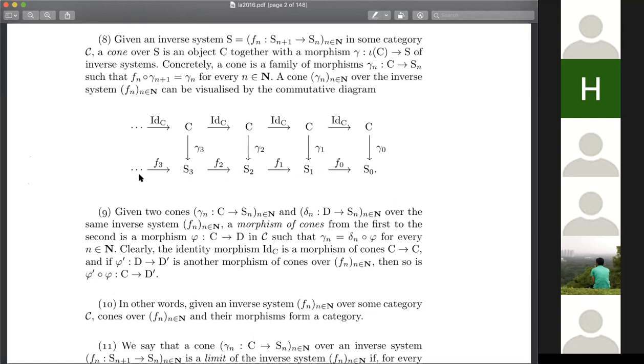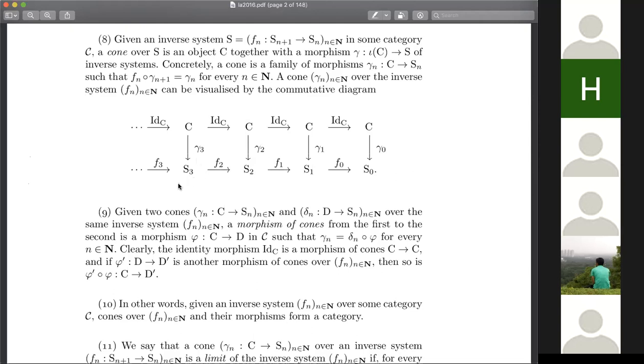Compatible because whenever I choose an element in S_{n+1} and apply f_n to it to get an element of S_n, I should get back the element which I had chosen at the S_n stage. At the nth stage, I chose some element.